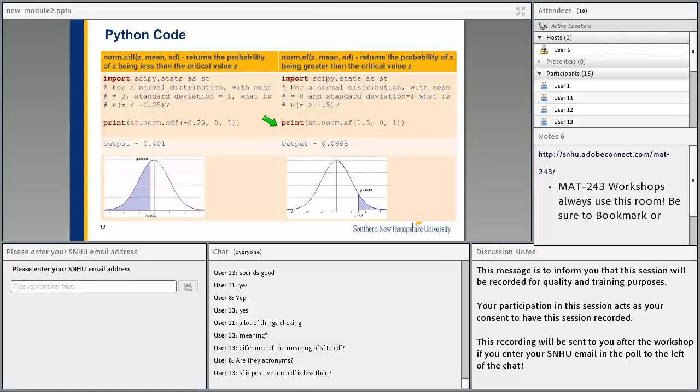SF is all values to the right of a value. CDF is all values to the left of a value, because you want to find the probability of getting a value lesser than that value. And as we move left in my graph, the values are going to be decreasing. So think of it as to the right and to the left.